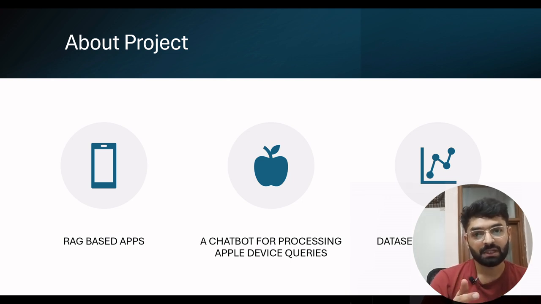From that database, the user query is searched, and then that information is provided to the LLM, the language model, and by looking at the context and your query, the language model will be able to give a response. This is known as retrieval augmented generation, or a RAG based application. This is known as RAG. What you're doing here is you are fine tuning your model on your custom data set.